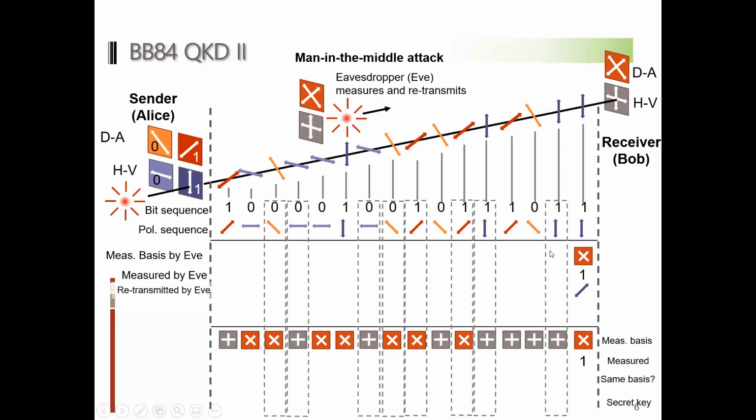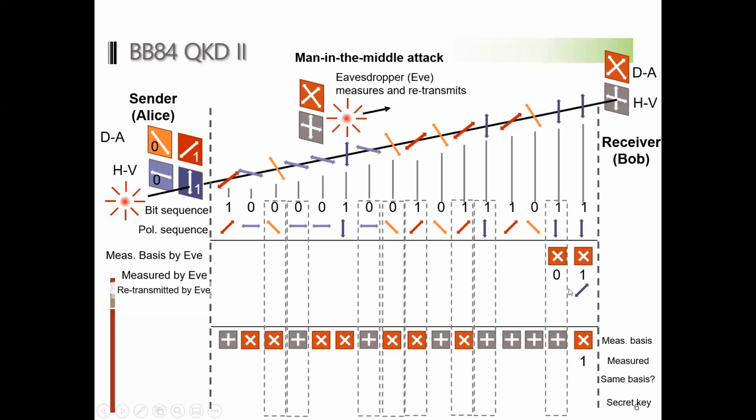And then for the second qubit, second photon, again, Eve made the wrong choice in terms of the basis, so in this case, the number measured by Eve will be random.